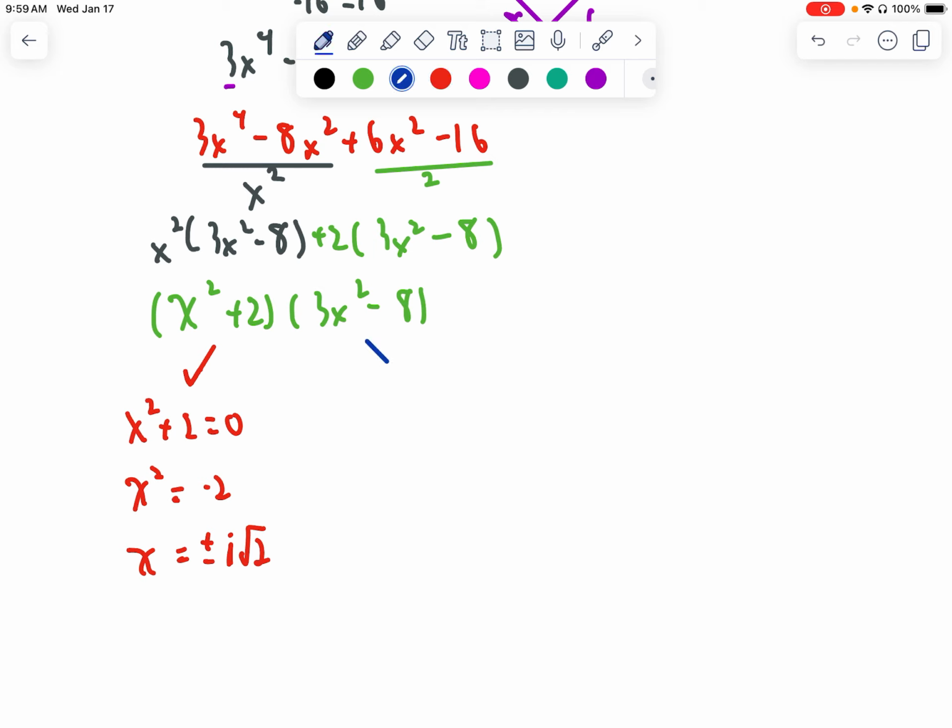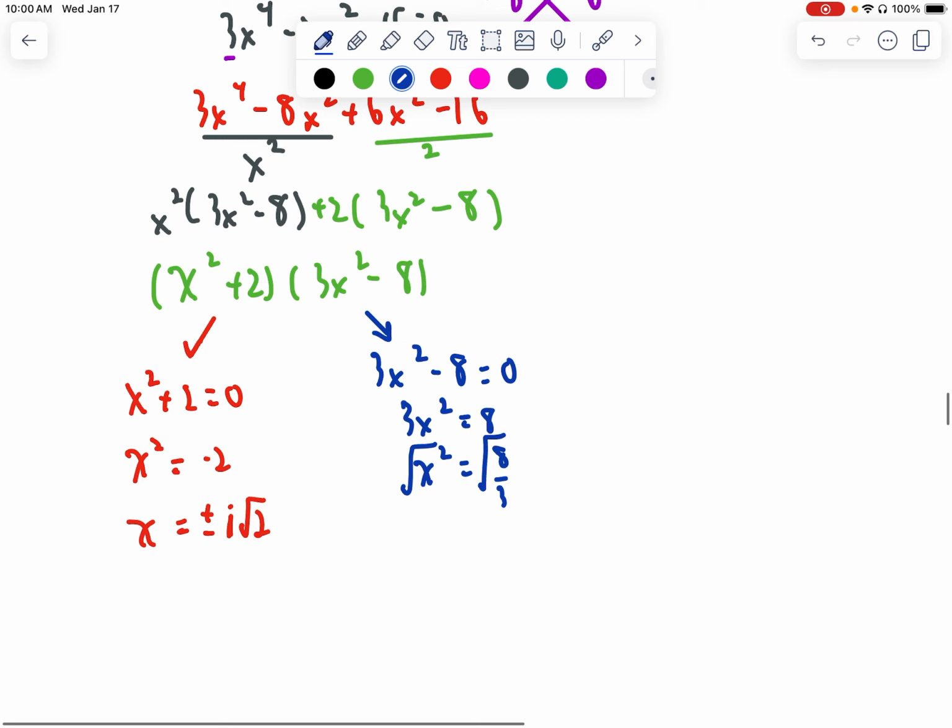On the right here, when I take my 3x squared minus 8, again, I want to separate this and set it equal to 0. I'll do that by adding 8 to both sides. 3x squared equals 8. Dividing both sides by 3 to get x squared equals 8 over 3. And then taking the square root of both sides to get x equals the square root of 8 over 3.